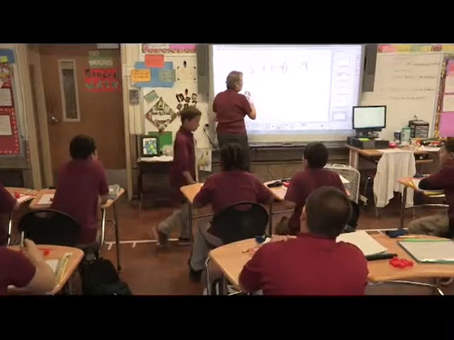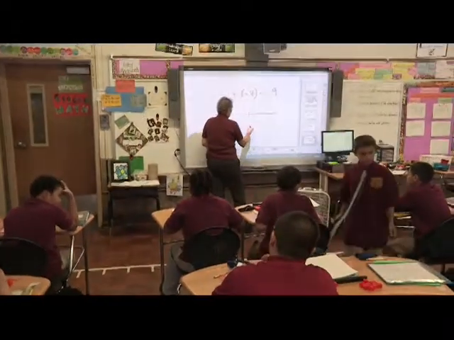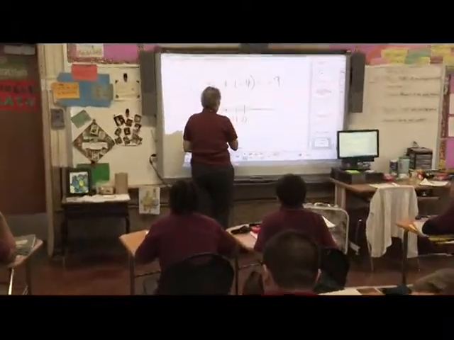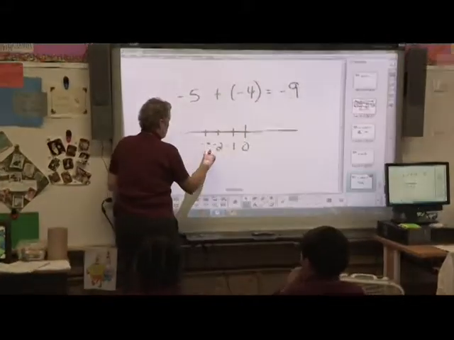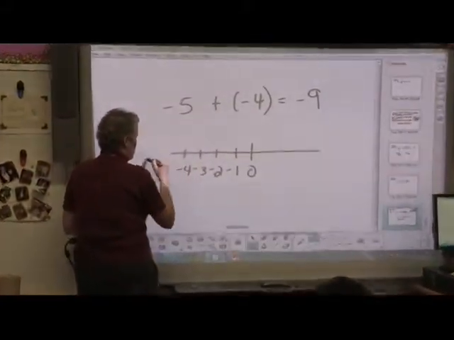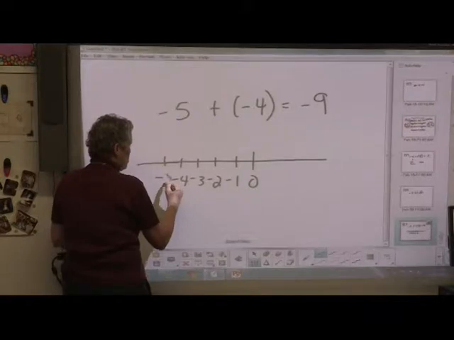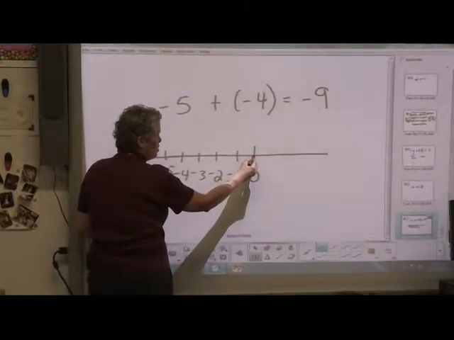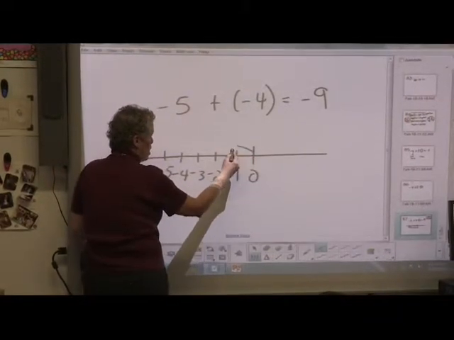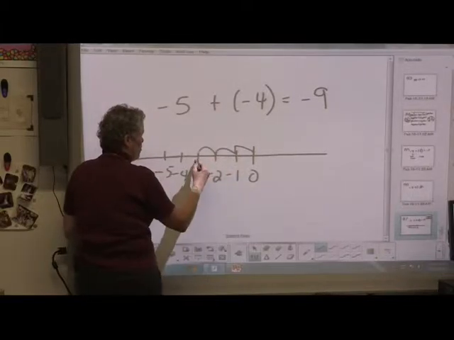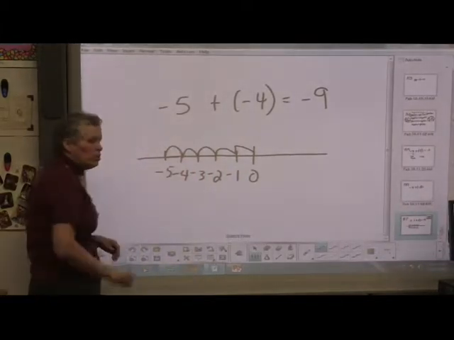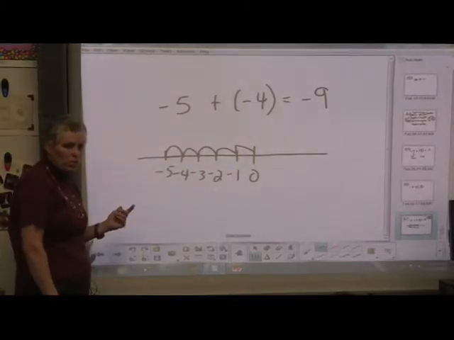So on your number line, this is what I want you to do. Start at 0. And you're going to go 5. 1, 2, 3, 4, 5. Remember earlier in the year when we were doing this, we were jumping on the number line?